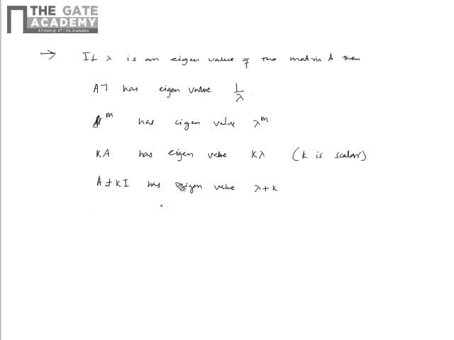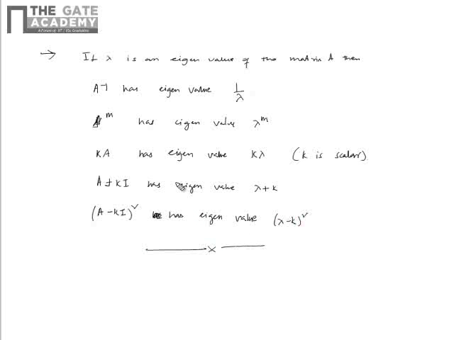So these you can easily derive actually, starting everything with the characteristic equation. So this has eigenvalue lambda minus k whole square.